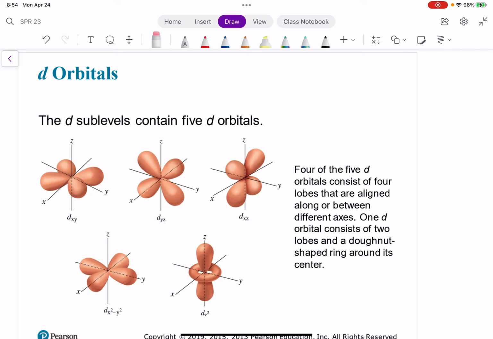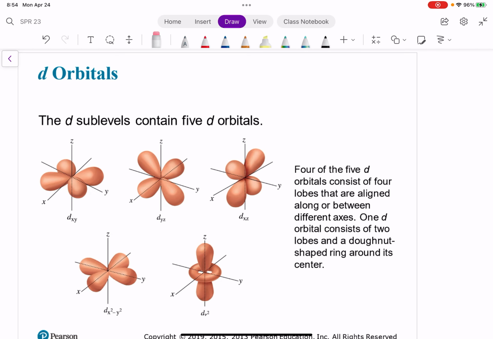Okay, so the D sublevels contain 5 D orbitals, and they look like this. They're kind of in like a little flower shape. They almost look like you took 2 P orbitals and stacked them on top of each other. And the D orbitals, the first 4 here, orient themselves in different orientations around different axes. We're not going to go into that too much, but you can kind of predict it.